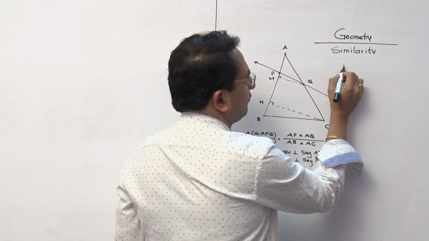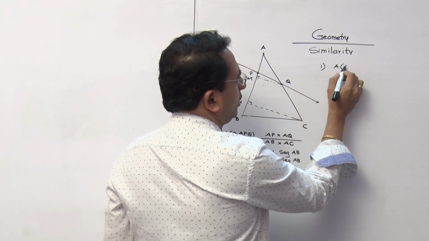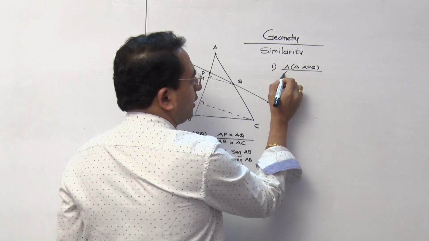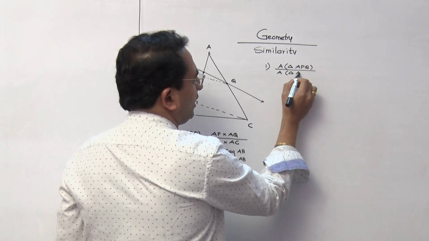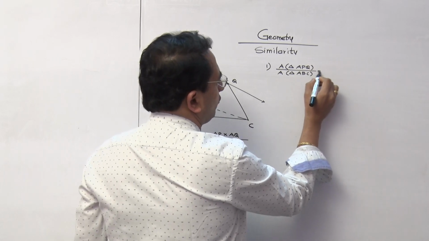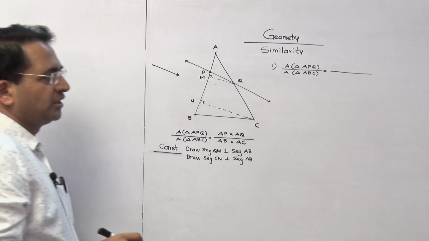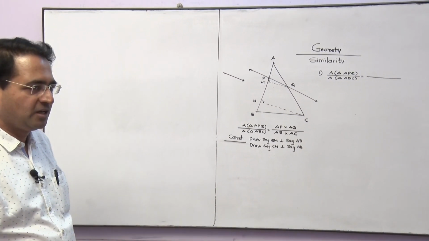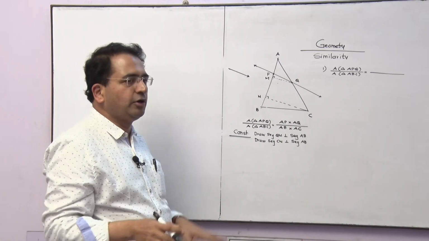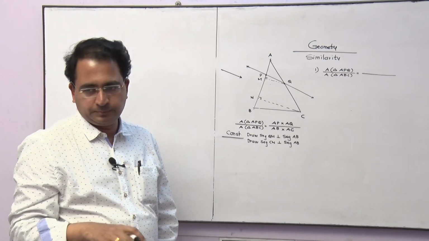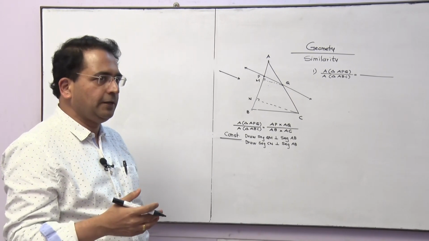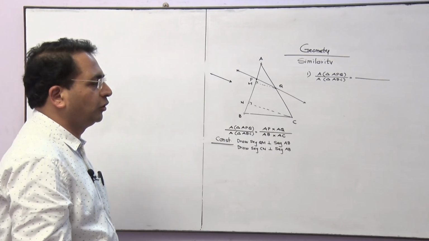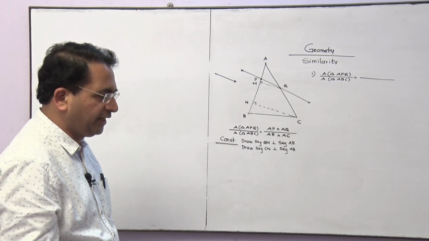Now I will write my first statement over here: area of triangle APQ upon area of triangle ABC. Now see, in your textbook, just in the beginning of the chapter you are having 3 properties. Suppose the triangles are just given to you, there is nothing same. So what we used to say, that ratio of areas of triangles is equal to the ratio of the product of their base and the corresponding height.